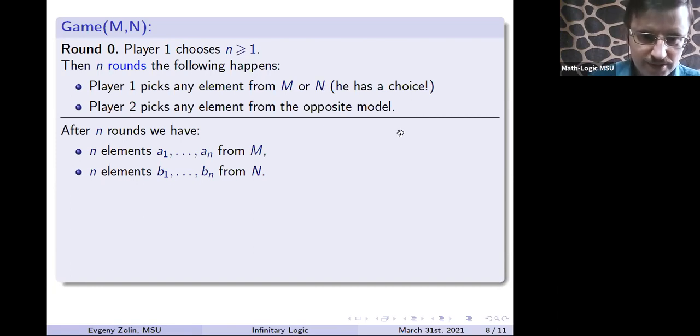Now we have n elements here and n elements here. We need to compare them. So the game stops, and we need to decide who wins in this particular game.